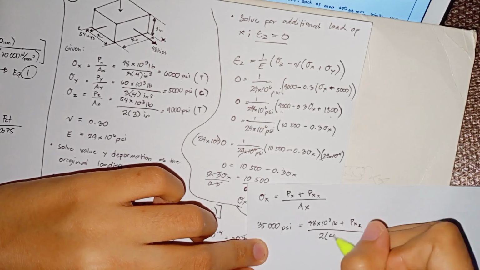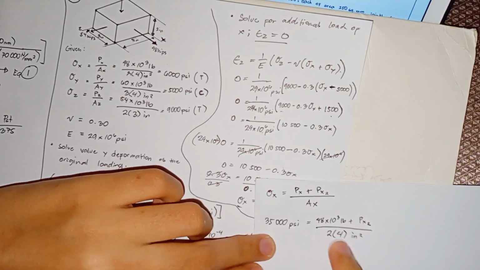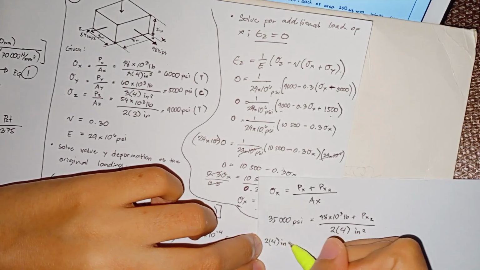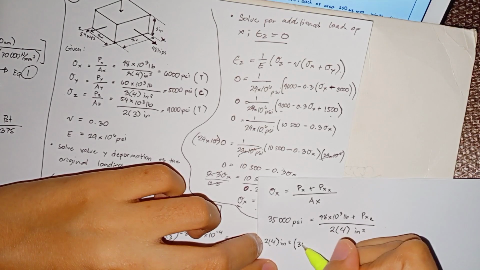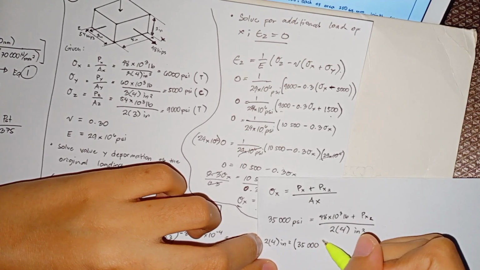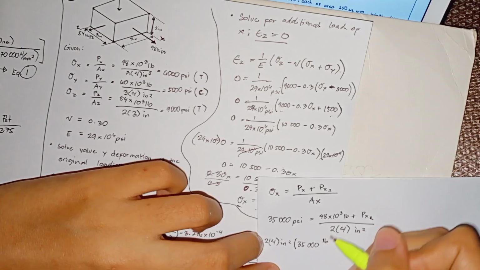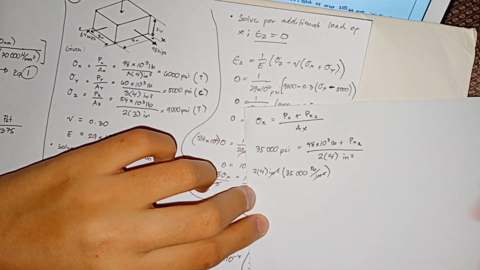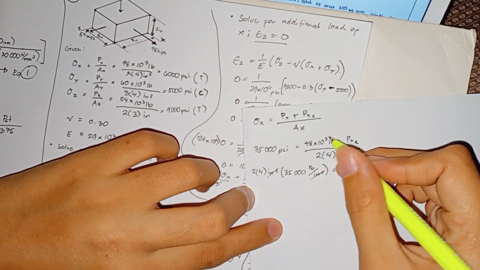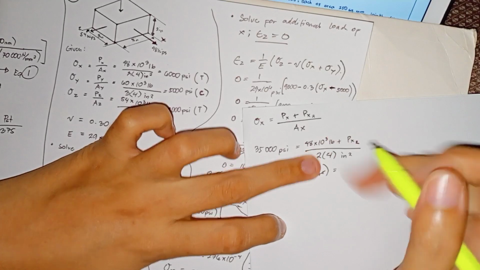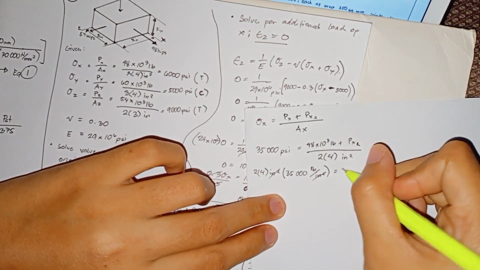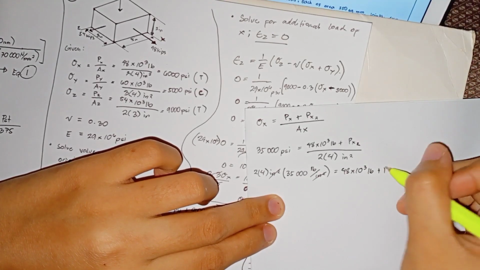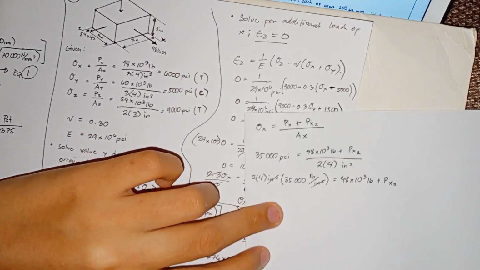So, ang area natin is 2 times 4 inch square. Cross multiply natin siya. 2 times 4 inch square, multiply natin siya sa 35,000 LB all over inch square. Cancel natin yan. So, matitira lang sa kabilang side is ito sa numerator. Cross multiply natin. So, that is 48 times 10 raised to 3 LB plus P of x sub 2.